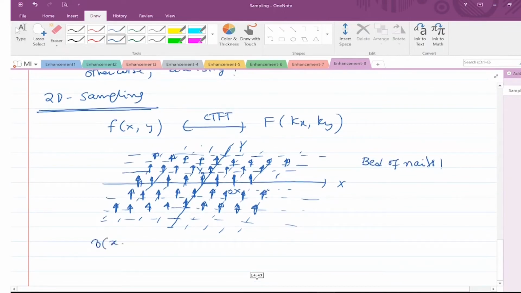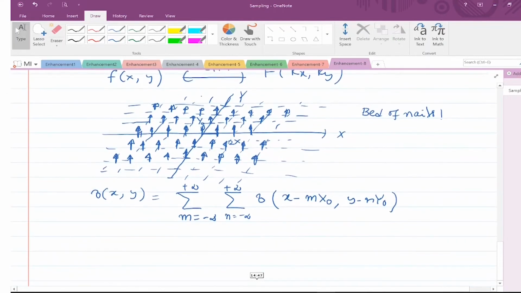Delta of x comma y is equal to, now let me write m for variation along the x-axis, minus infinity to plus infinity, n varying from minus infinity to plus infinity, delta of x minus at all multiples of x naught, so I'll write m x naught, and similarly y at all integer multiples of y naught, so I'll write it as n y naught, right? So then assume that I'd like to take the Fourier transform.